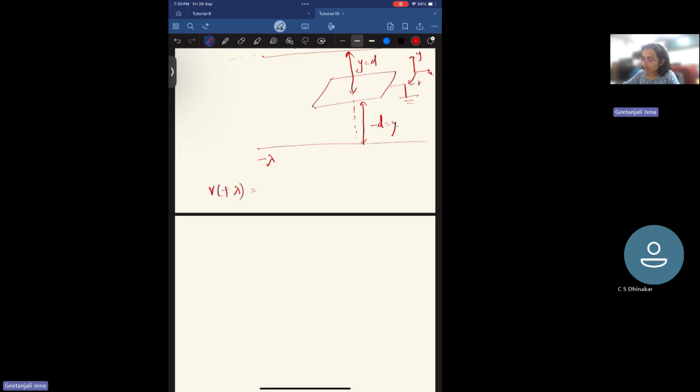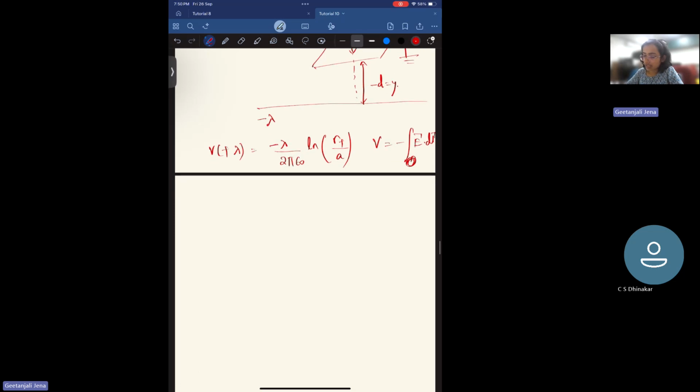So V for plus lambda should be minus lambda by 2 pi epsilon naught ln r plus A. A is some constant, some reference point we are considering, since V is the negative of the integral of E dot dl. Okay, this is for the plus case.